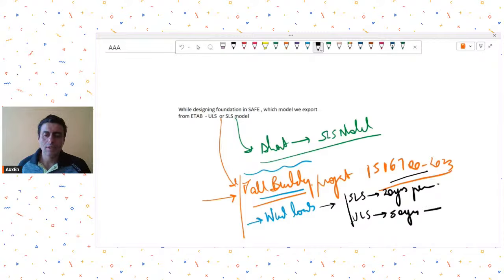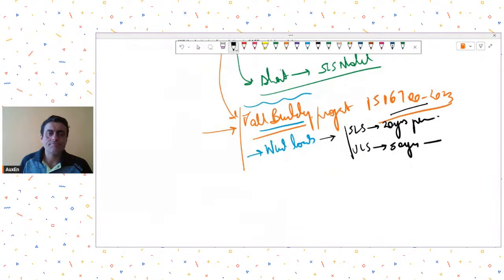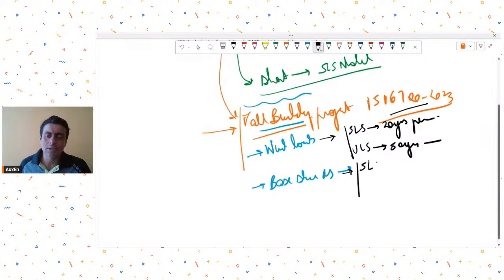Also, the base shear for the response spectrum in the SLS model will be unscaled, as you are not required to scale it up, and in the ULS model you would have scaled it.